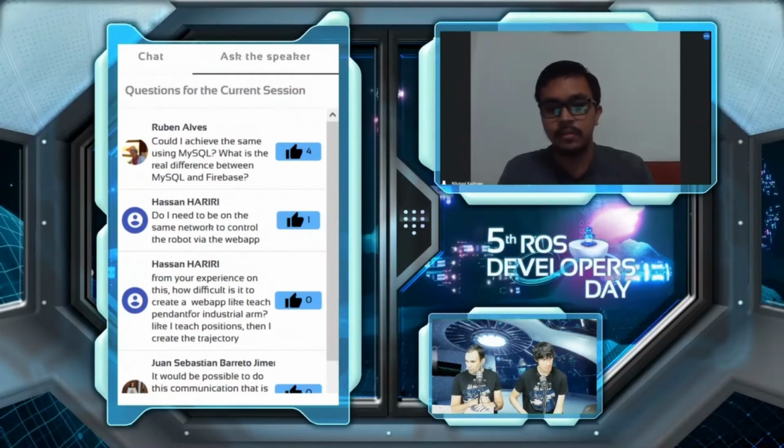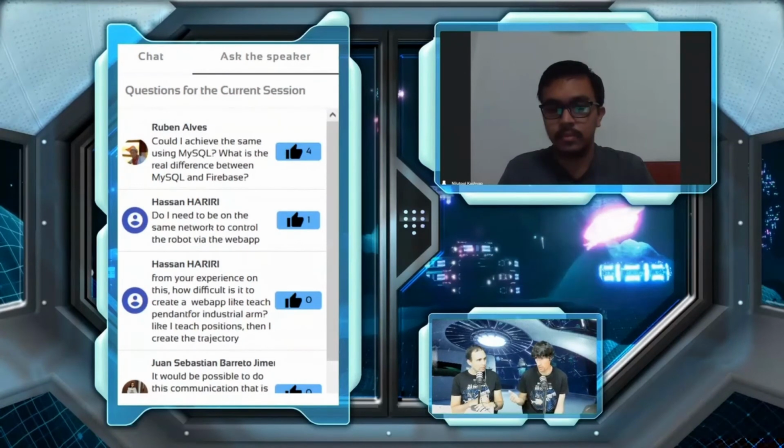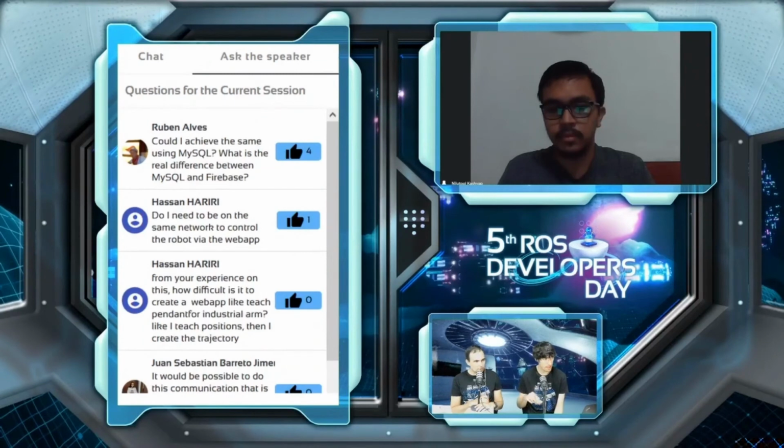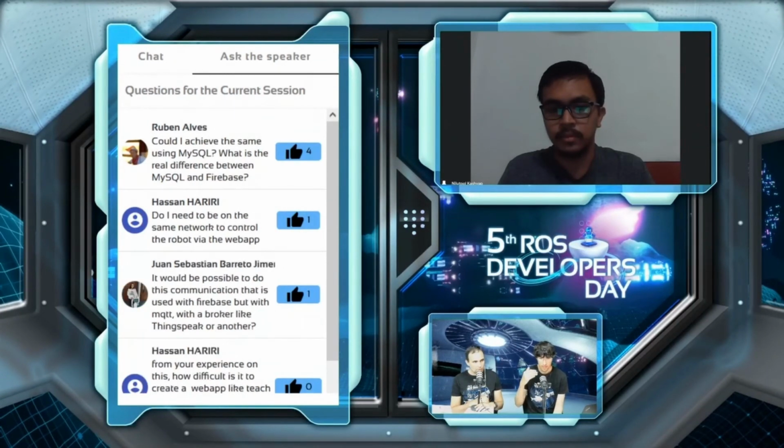But for example, you could have the GUI on a computer, let's say in Australia, and you press the buttons and it sends the commands to the database. Then the robot, you could have it in, I don't know, Japan, and it would read the database and move the robot, right? Yes, exactly.